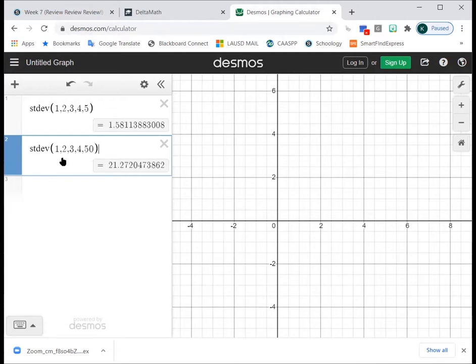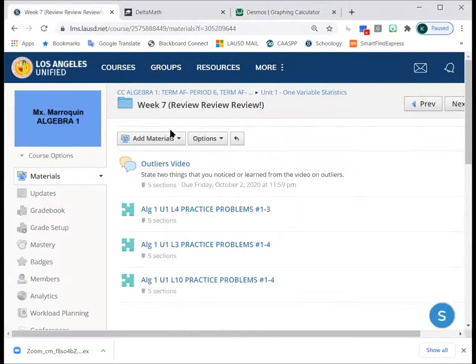So it starts off 1, 2, 3, 4. The next number would be 5, right? But it's not, it's 50. So this 50 is an outlier because it's far away from the rest of the numbers. So instead of coming up with 5, or 4.5, 4.2, the next number is 50, which is really far. So that one might be an outlier. It's far away from the rest of the numbers.